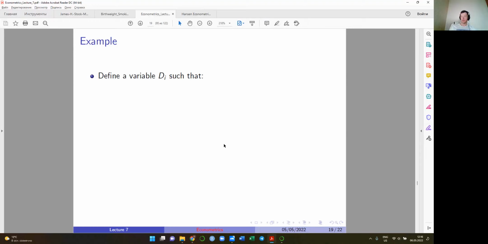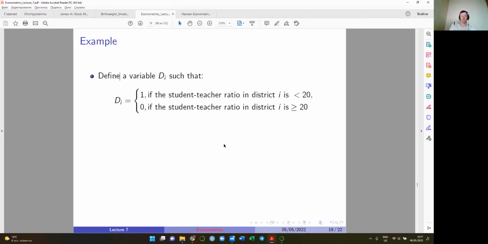Let's see an example of how this works, and you will see some familiar things here. Let's define a dummy variable or binary variable d_i such that it equals 1 if the student to teacher ratio in the district is less than 20, and it equals 0 if the student to teacher ratio is greater than or equal to 20.